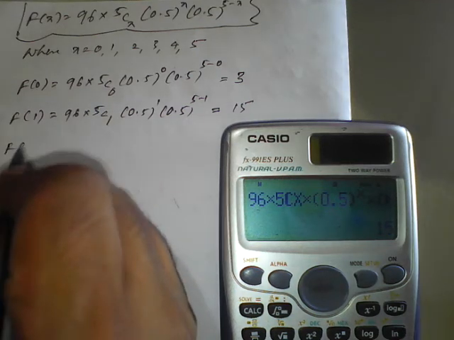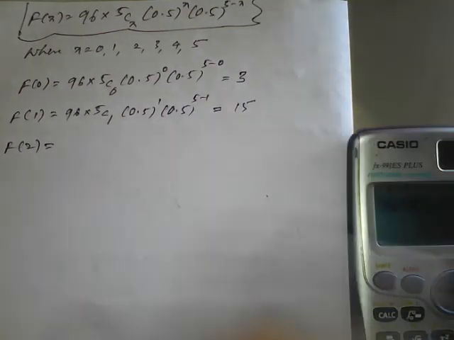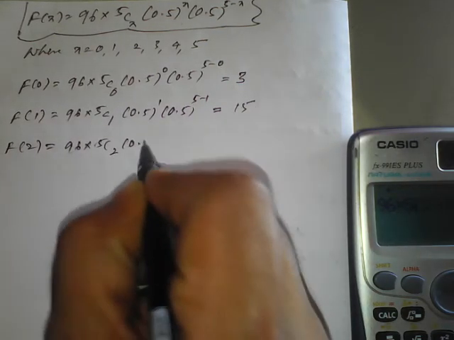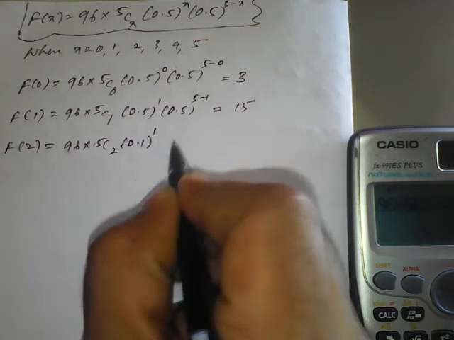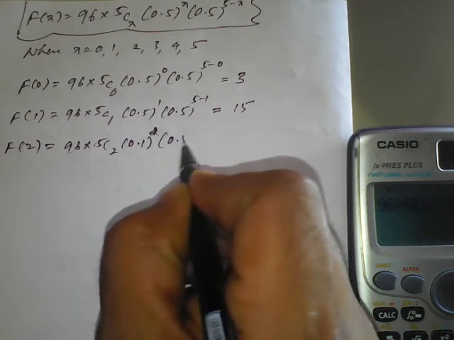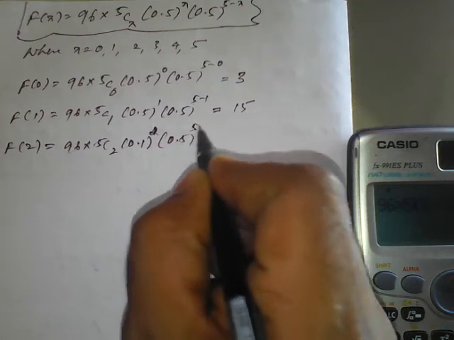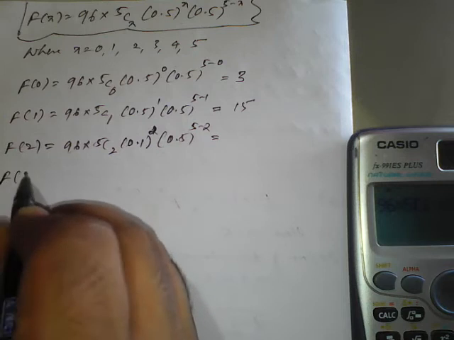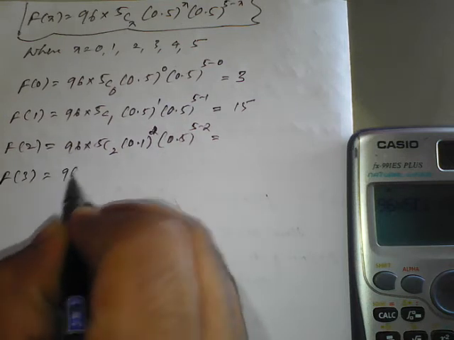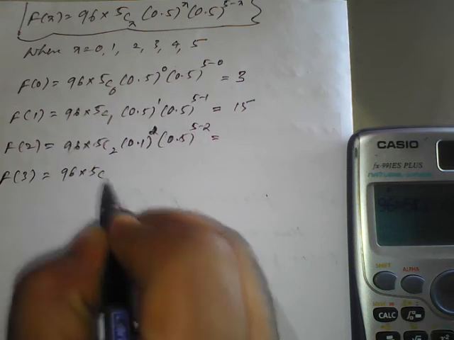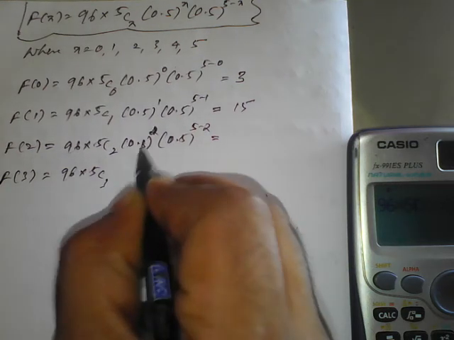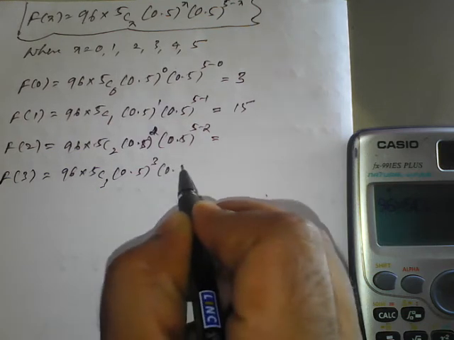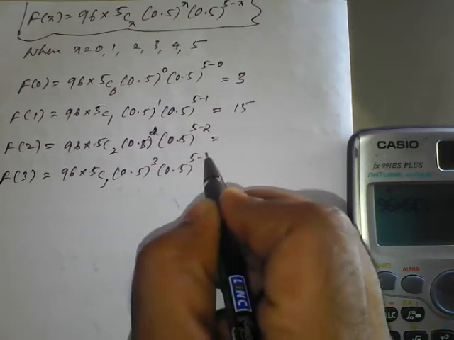Similarly, f of 2 is equal to 96 into 5C2, 0.5 raised to 2, 0.5 raised to 5 minus 2. We'll check the answer directly. Then f of 3 is equal to 96 into 5C3, 0.5 raised to 3, 0.5 raised to 5 minus 3.